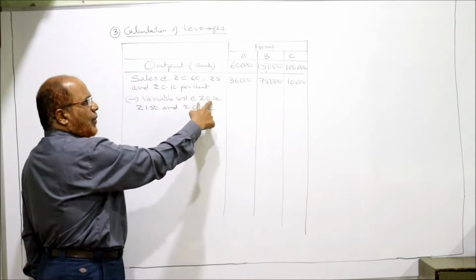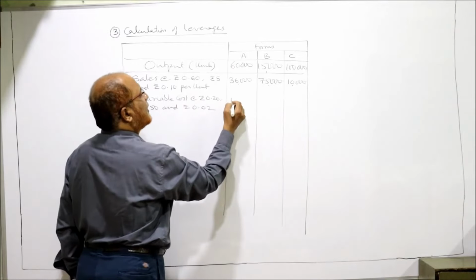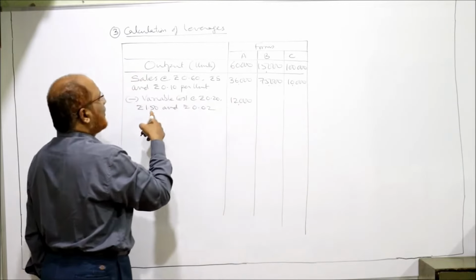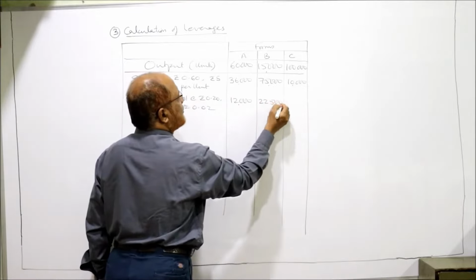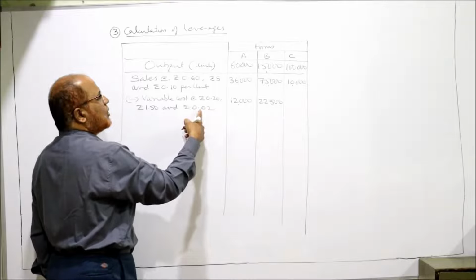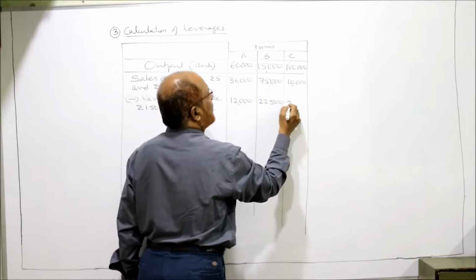Now multiply 0.2 into 60,000, you will get 12,000. Similarly, 1.5 into 15,000, you will get 22,500. 0.02 into 1 lakh, you will get 2,000.